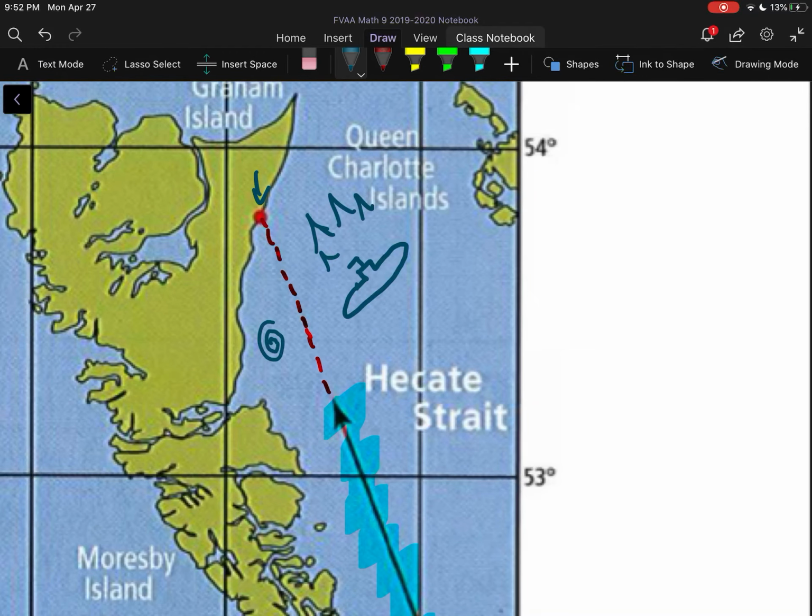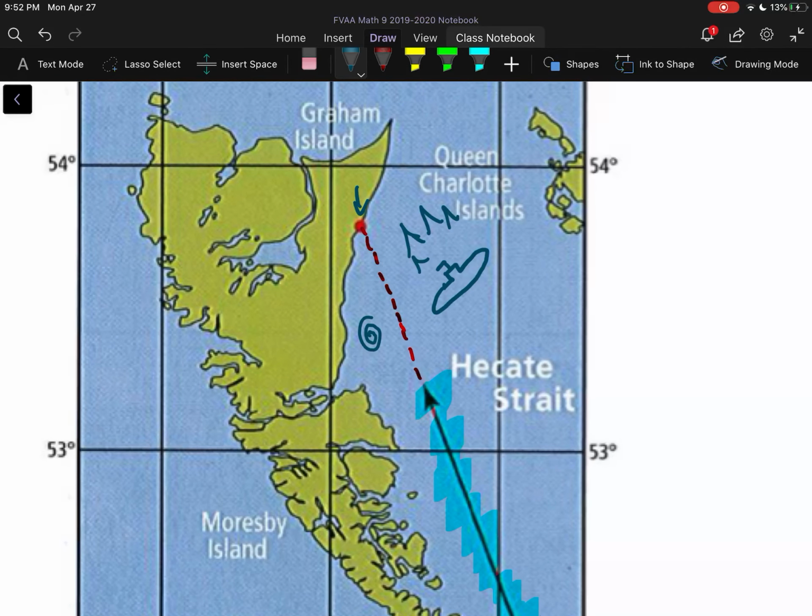Okay, and then I can find the value of that point. If this is a half, I could say maybe that's 53. This would be 0.75, 0.5, 0.25 between, right?